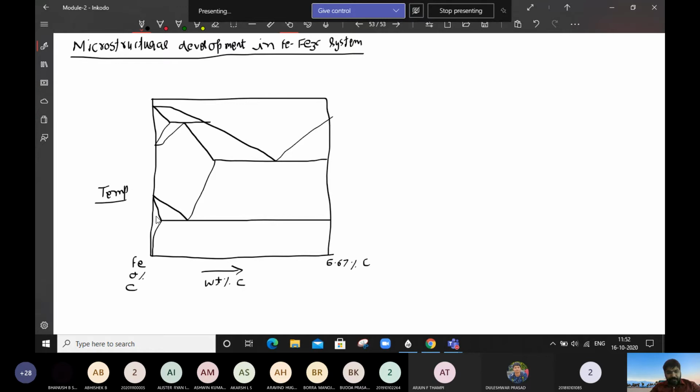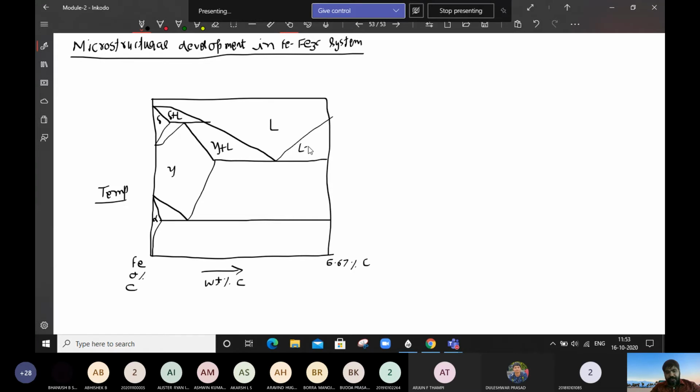Okay, and this is our alpha, this is our gamma, this is our delta, this is our liquid. Here we are having delta plus liquid. So just practice this diagram. You can only draw this diagram by practice, because you are supposed to take care of each and every composition. So gamma is there, so gamma plus liquid will be here.